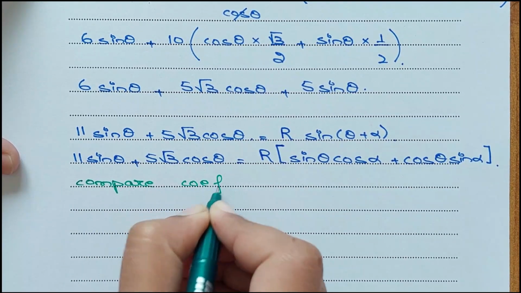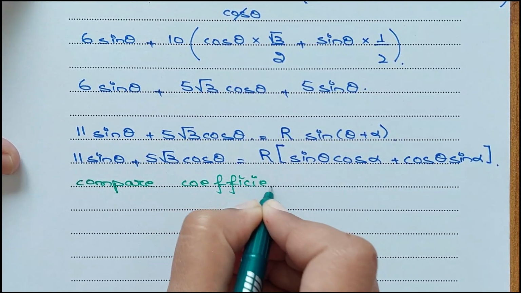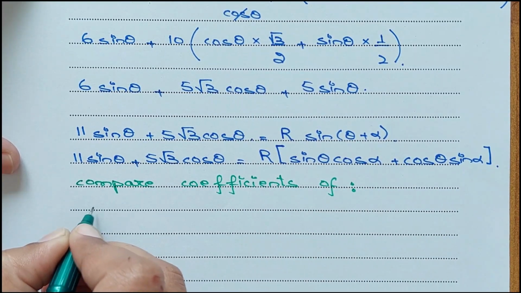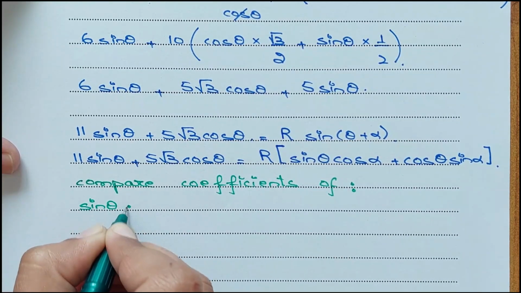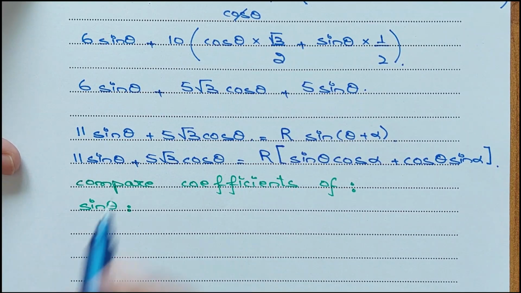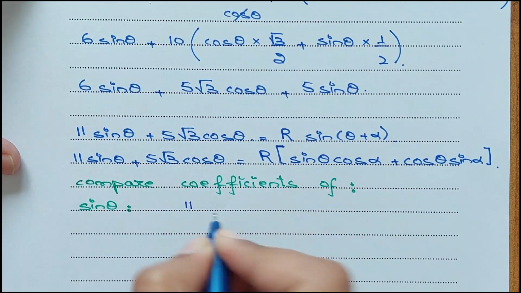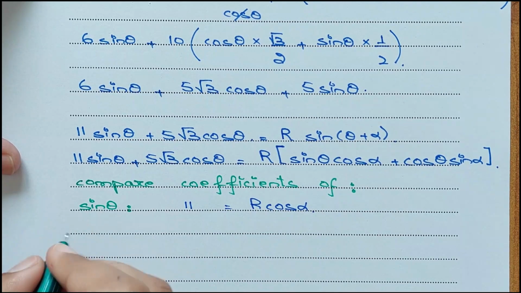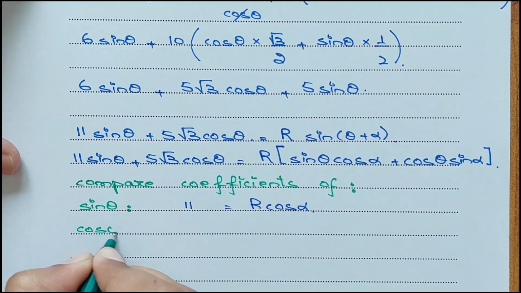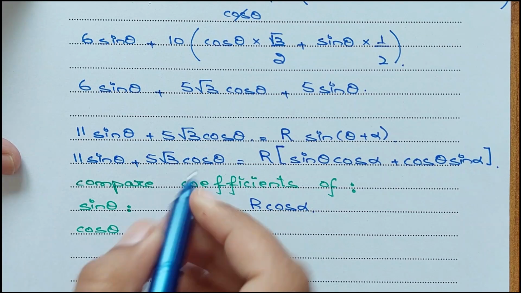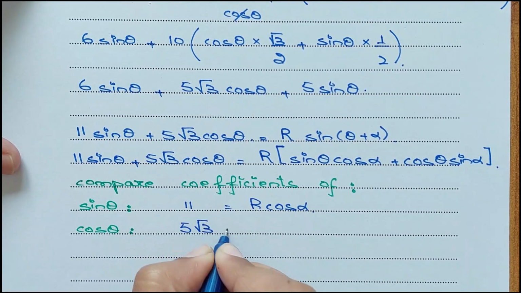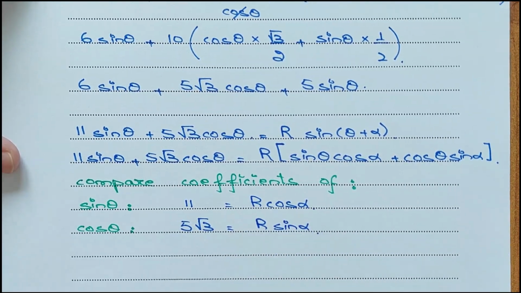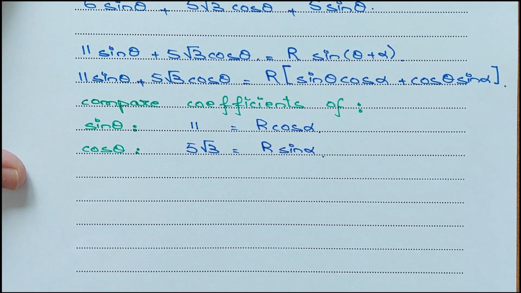Let me do sin theta first. If I compare the coefficients of sin theta, we have 11 over here, and it is r cos alpha, right? Next step, comparing the coefficient of cos theta. So the coefficient of cos theta is 5 square root of 3 here, and we have r sin alpha, right? First we have to solve for r and then for alpha, right?